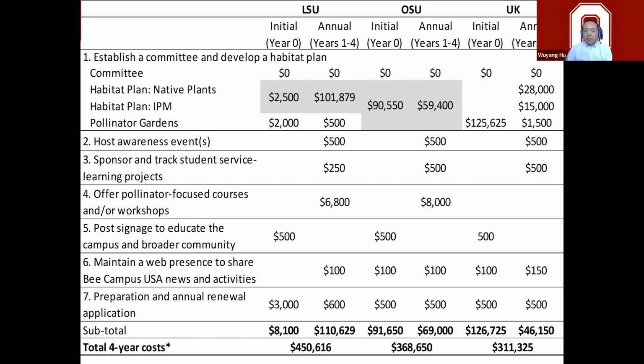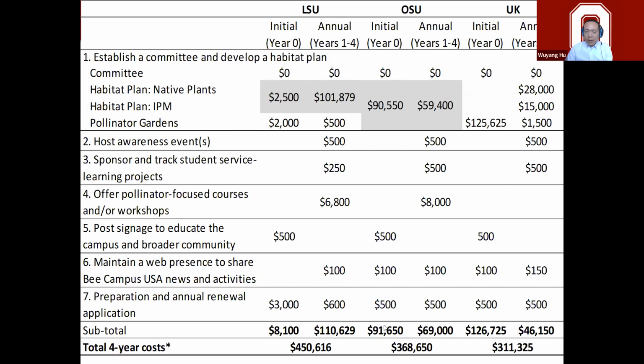So putting all this cost estimation together, we come up with a 4-year cost of obtaining Bee Campus certification for each of the campuses we consider. So this is a total 4-year cost.